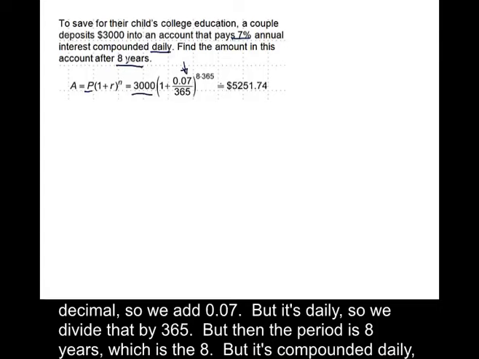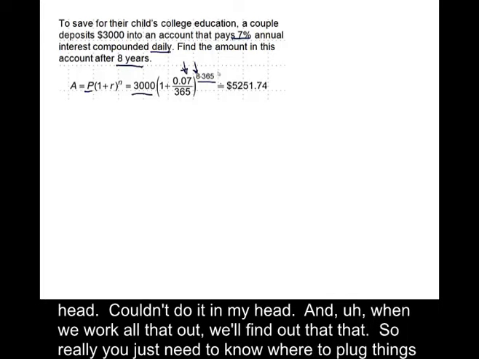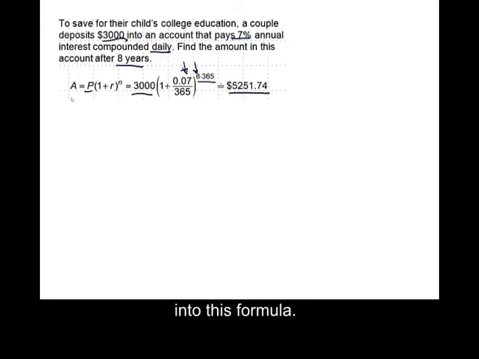But then the period is 8 years, and it's compounded daily, so we have to multiply those. 8 times 365 becomes our exponent, which is a really big number. Wouldn't want to do that in my head. And when we work all that out, we'll find the answer. So really you just need to know where to plug things into this formula.